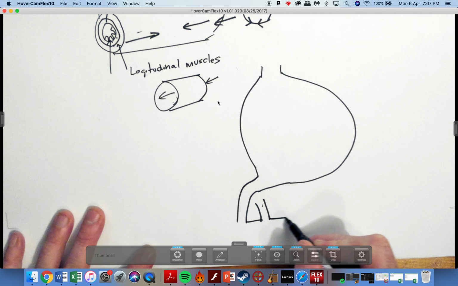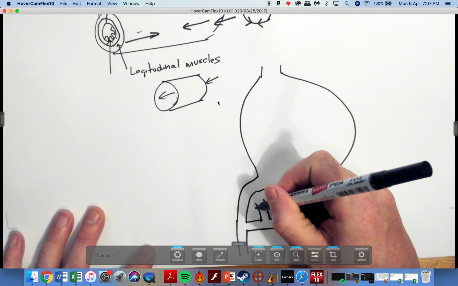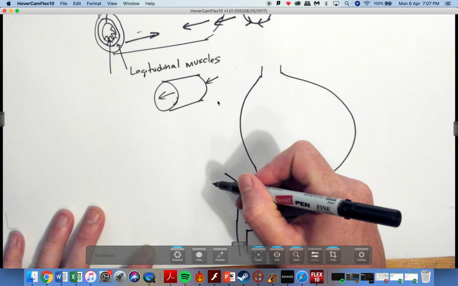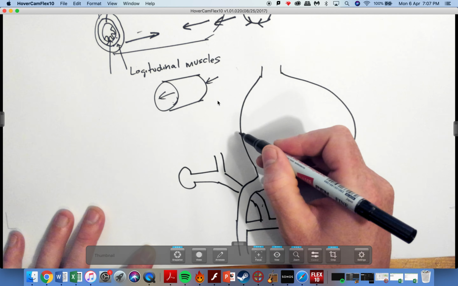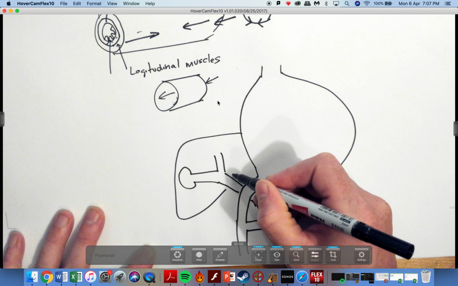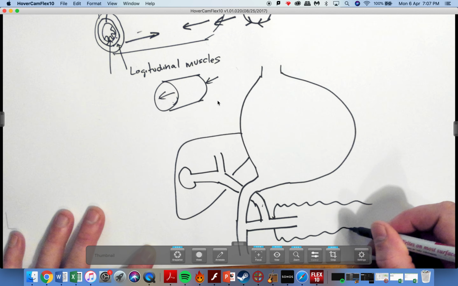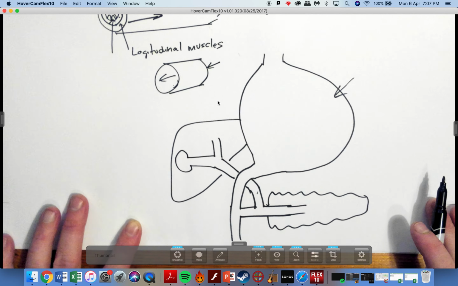So we've got that T junction, our next T junction, and then going up behind, and then it's going to do the Y, and this is where our liver was. And then we've got the pancreas here. But we're going to think about particularly what's happening in the stomach.